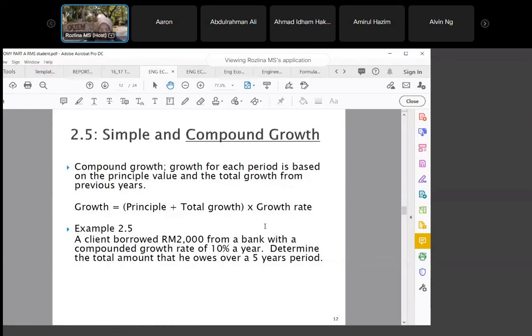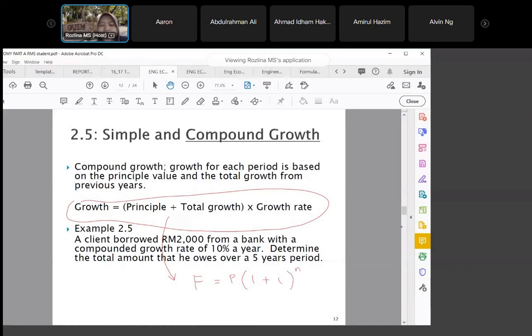F is future value, equal to, P is present value. If you simplify it, you can get F equal to P, 1 plus I, power of n.